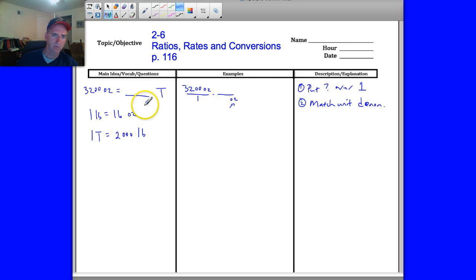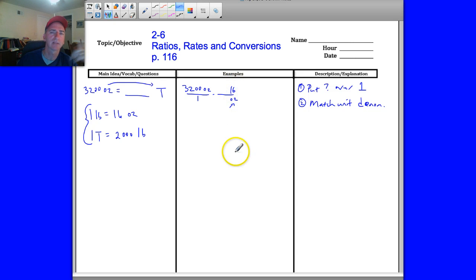Okay, what do I know? Well, it would be really nice if I had ounces equals tons. And yes, you could figure that out, but let's pretend you don't know that. I just want you to see this. Let's say this is all I know. Since I've got ounces and pounds, I have to go ounces to pounds.